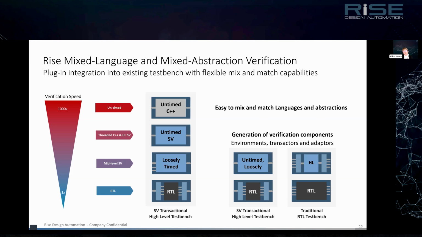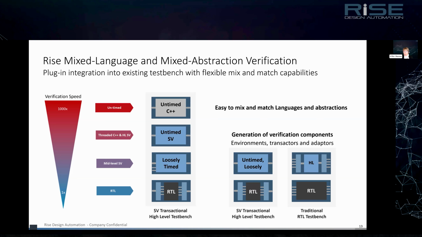But really the fastest is untimed C++, traditionally. That's where you get, I have 1000x, but I see more than that in other customers. So it's untimed, it's C++, the simulator is the compiler. Next down, you get more threaded capabilities, which we can also do in C++, but untimed SystemVerilog.